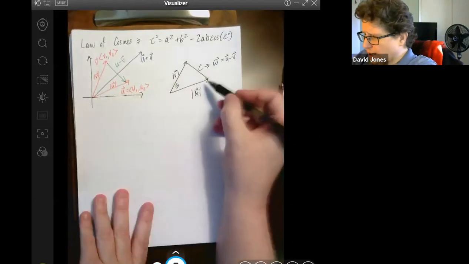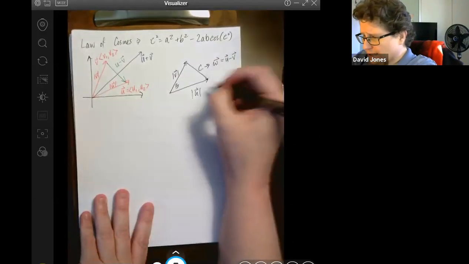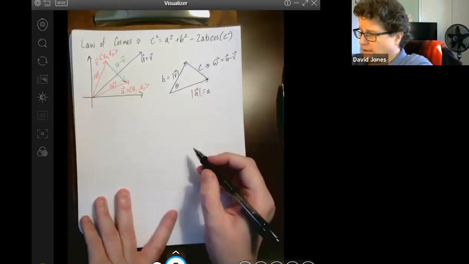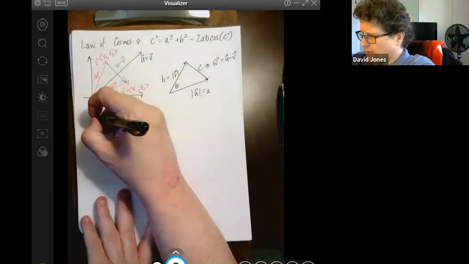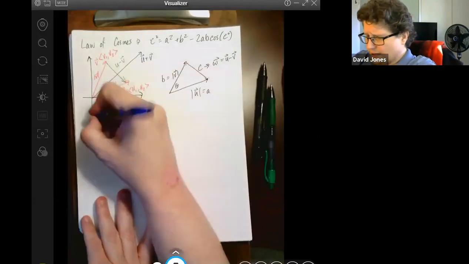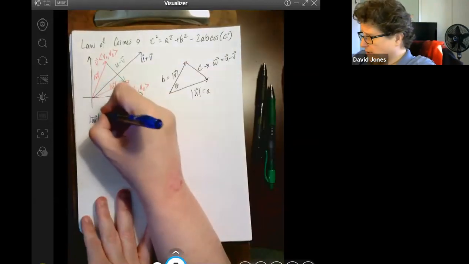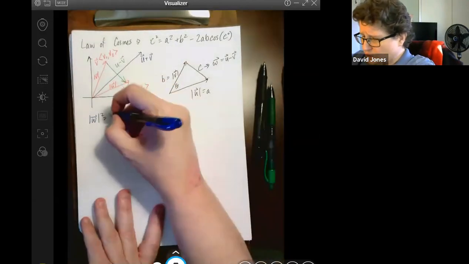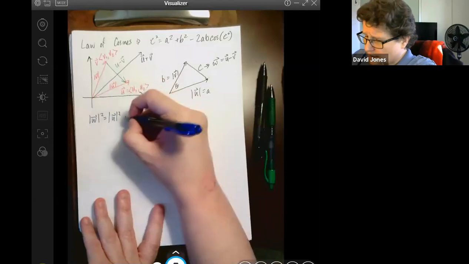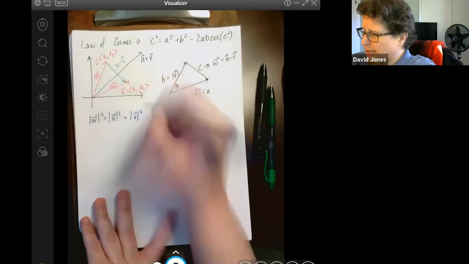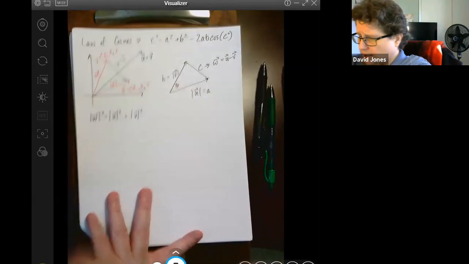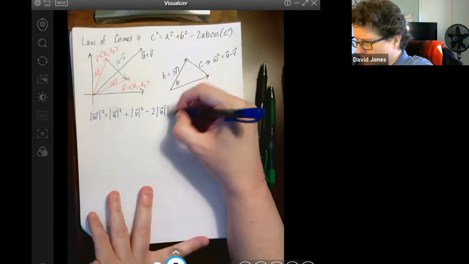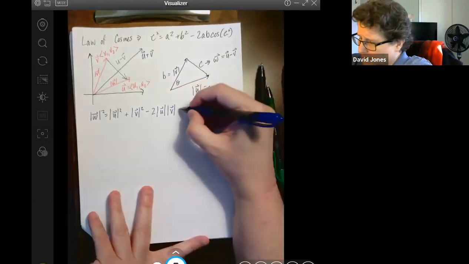So C squared, we're following this pattern. This is like A, this is like B. Vector W squared equals the magnitude of u squared plus the magnitude of v squared, that's my a squared plus b squared, minus 2 times the magnitude of u times the magnitude of v times cosine of theta.